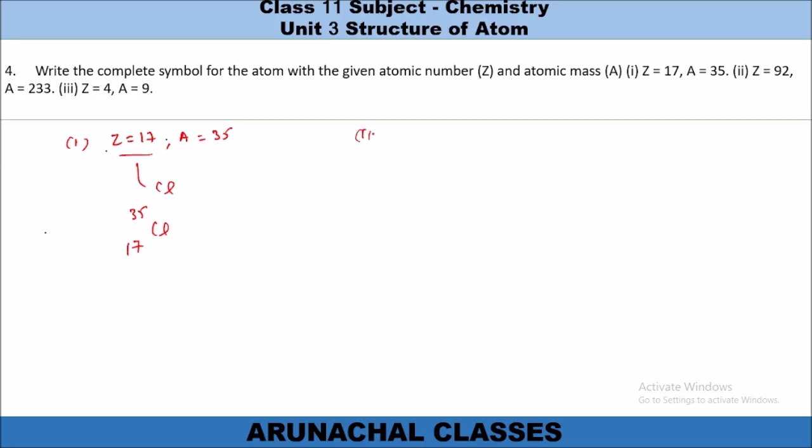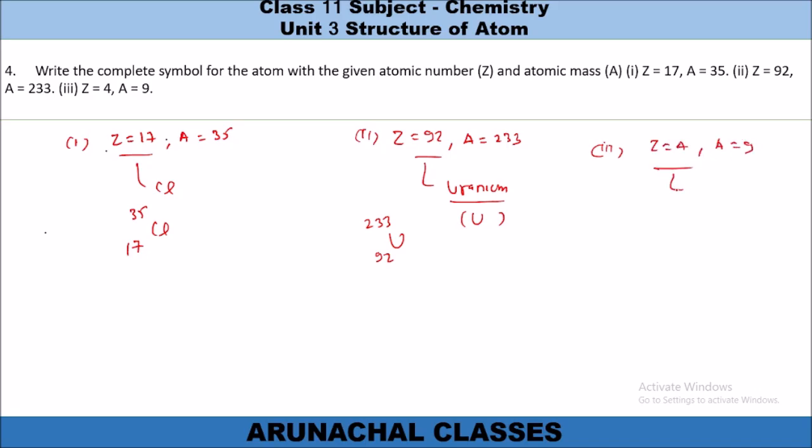In the second one, Z value is 92 and A value is 233. Atomic number 92 is for uranium and its symbol is capital U. So it will be U 92 and mass number is 233. In the third one, Z value is 4 and A value is 9.